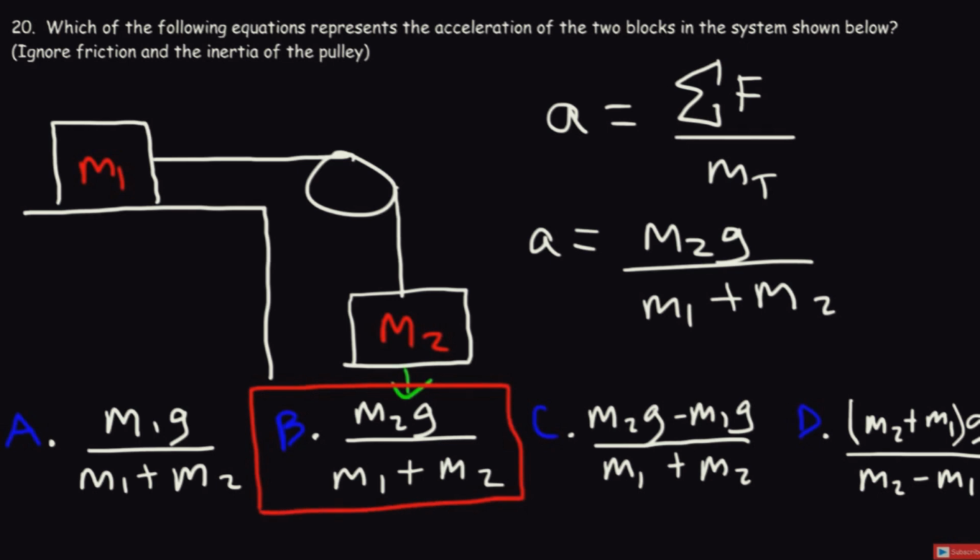So now let's get the same equation using a free body diagram. So I am going to erase everything. If you need to go back to this point in the video, just rewind it.